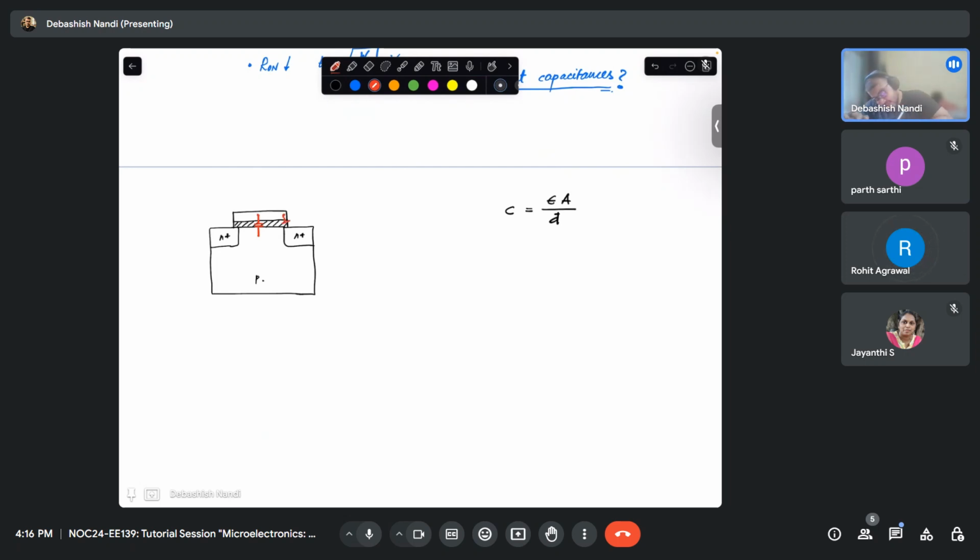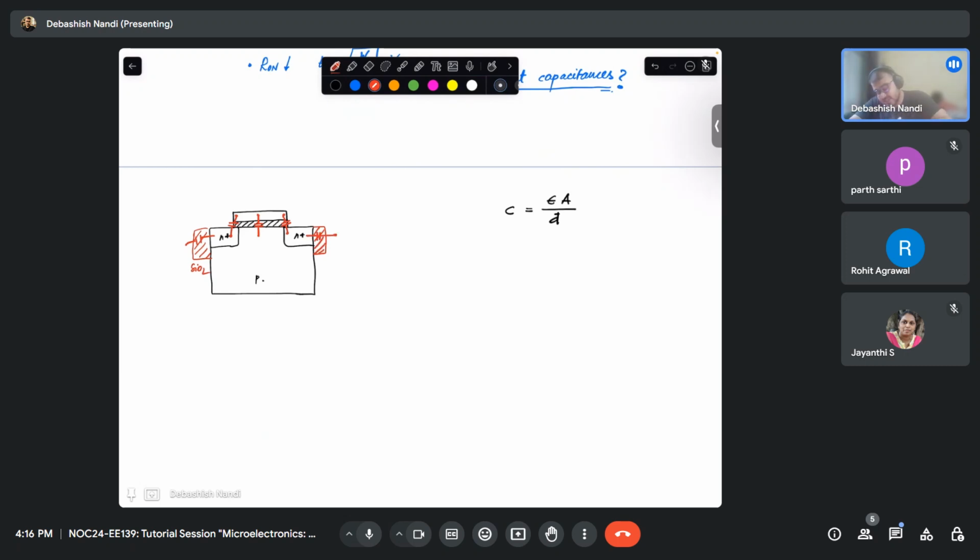You will have a capacitance in these regions, gate to source, gate to drain. You will have a capacitance through, let's say you have a shallow trench isolation here. That is your SiO2, because your SiO2 will not be only on top of the gate. It will be surrounding your devices also. So you will have your capacitances here also.